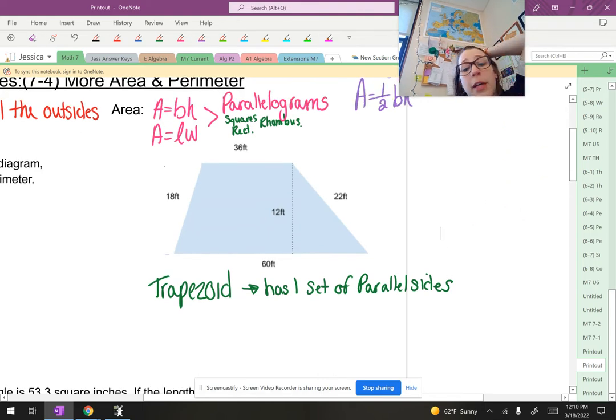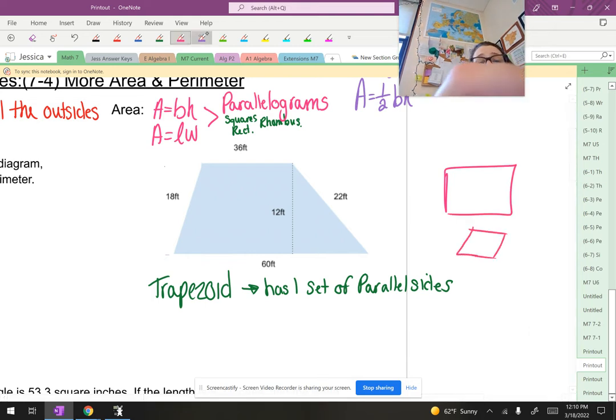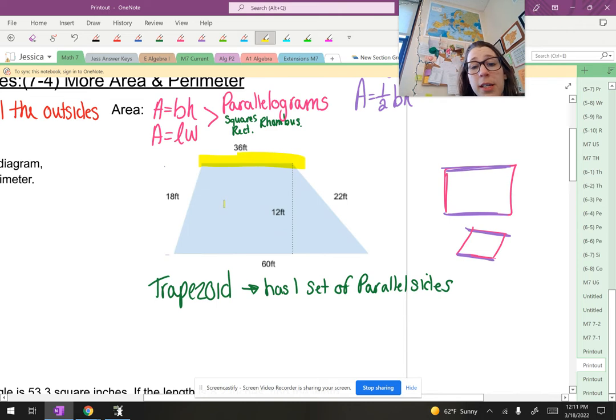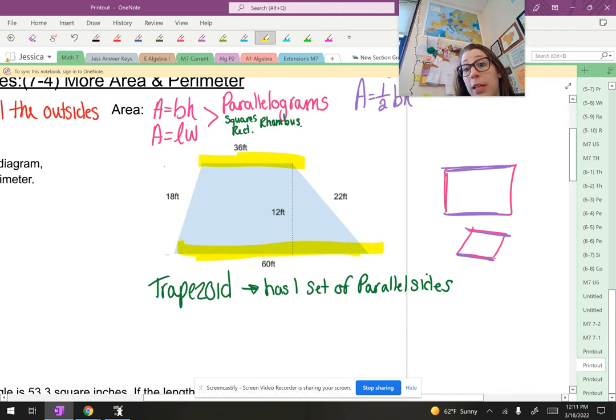Now every single area formula is some sort of version of a base times a height. But the problem here, if we look at rectangles or even a parallelogram, we know that both of those have two bases, right? We have a base on top and a base on the bottom. But what's different about a trapezoid compared to the bases of a parallelogram is that your trapezoid bases are two different lengths. So I wouldn't know which one to use.